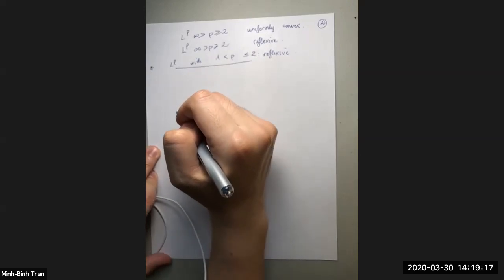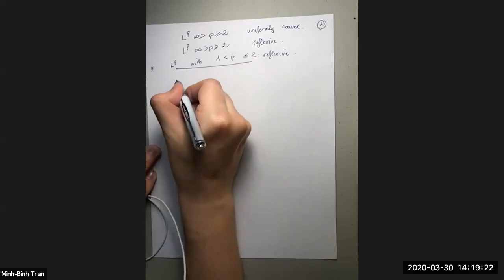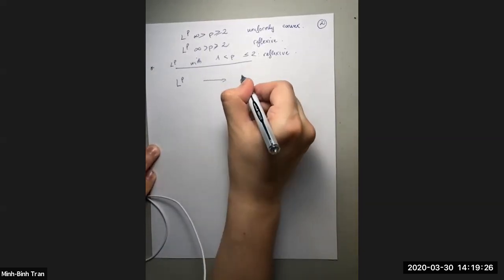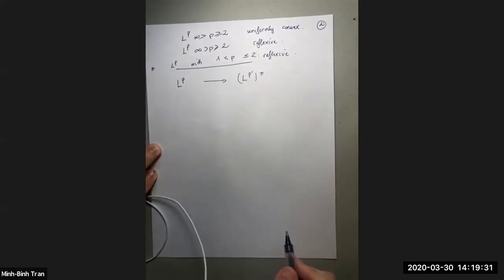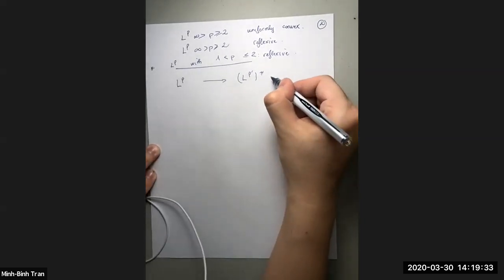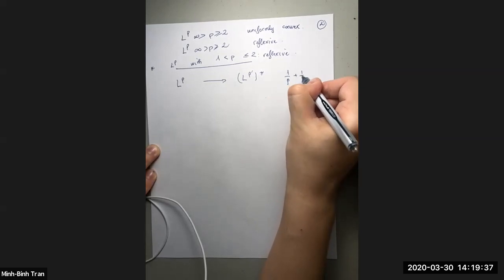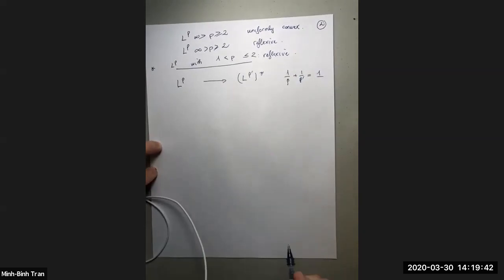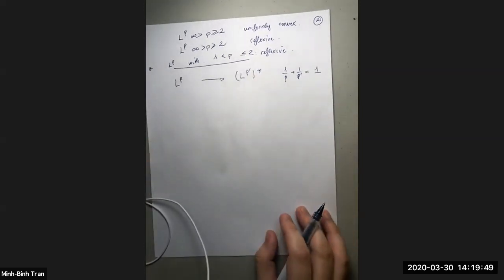I'm going to map one element in L^p into L^p prime star, in which p prime is the dual of p, so that 1 over p plus 1 over p prime is equal to 1.